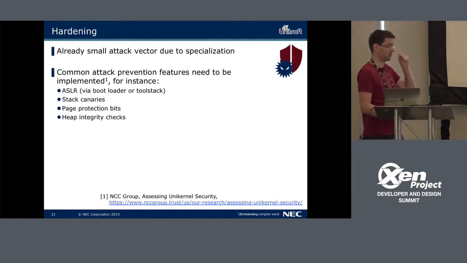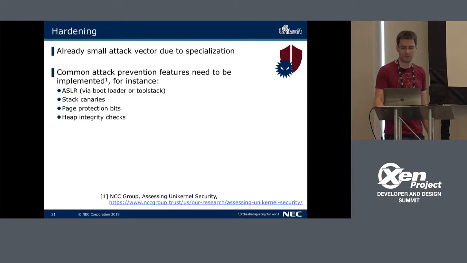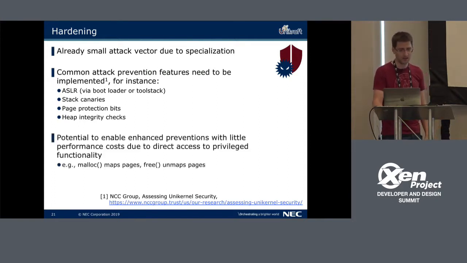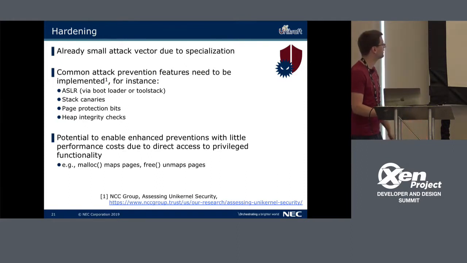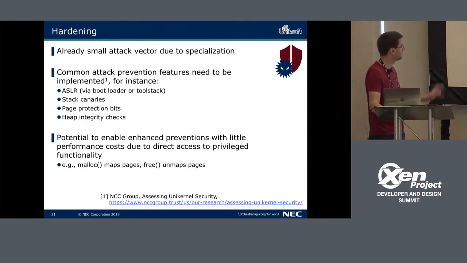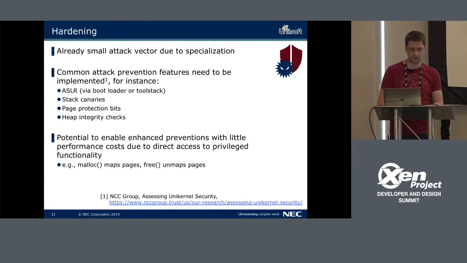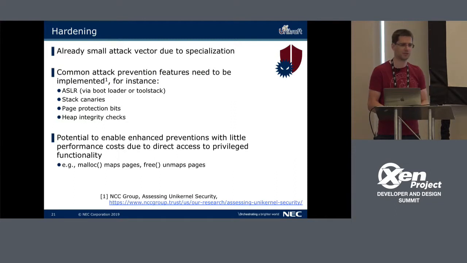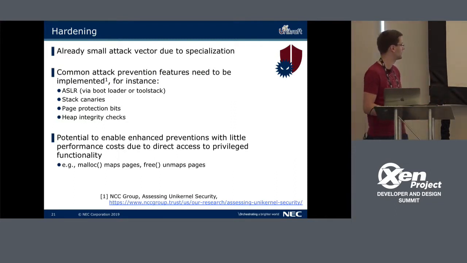So this is about implementing that stuff to have some prevention for attacks, because even if it's a unikernel, you still don't want to get taken over by a third party. Another interesting point, and maybe this is a bit more of a research question, is whether we can provide even enhanced protection or prevention features by using our privilege mode, because we run everything in kernel mode, so we have direct access to page table manipulation and so forth.